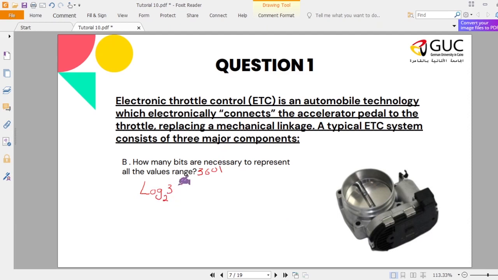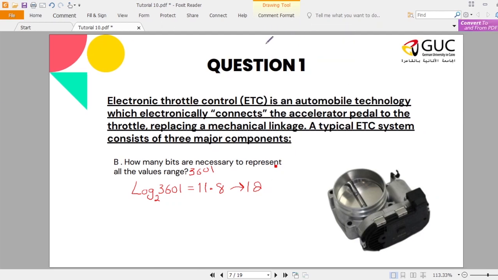So simply we will use the log base 2 of 3601. This will be equal to 11.8 bits. And we don't have such things, so we will just do an approximation. So we will have 12 bits.